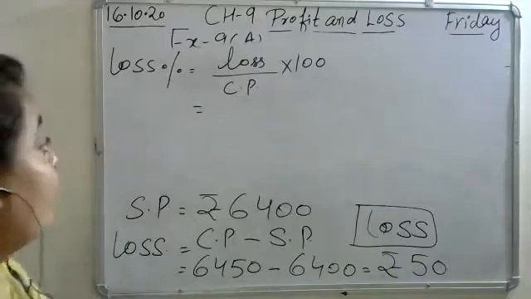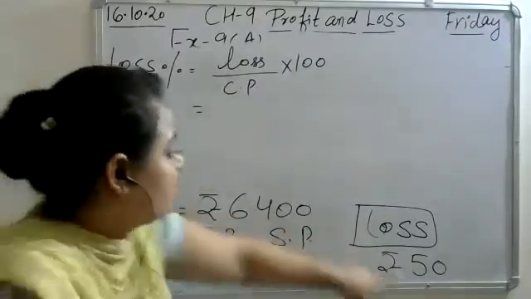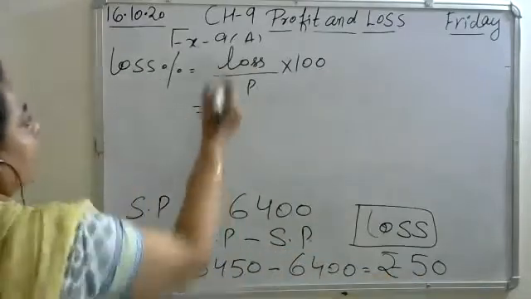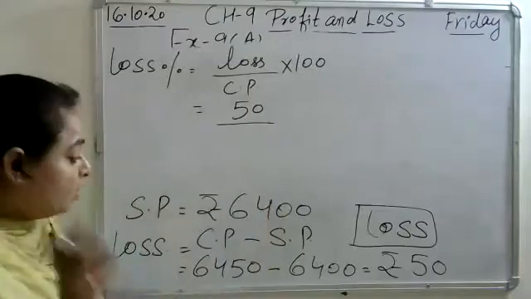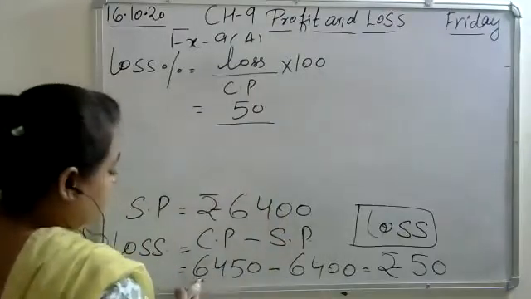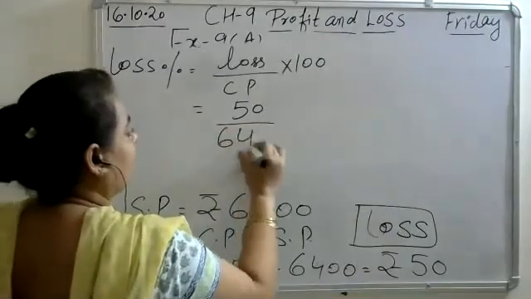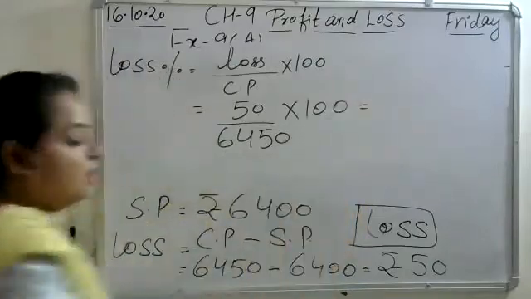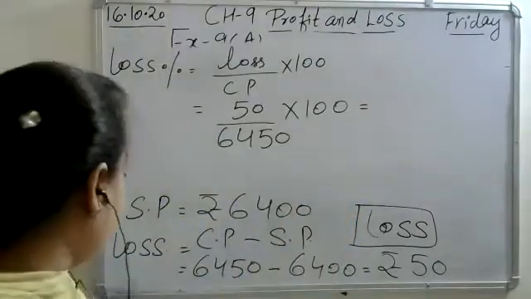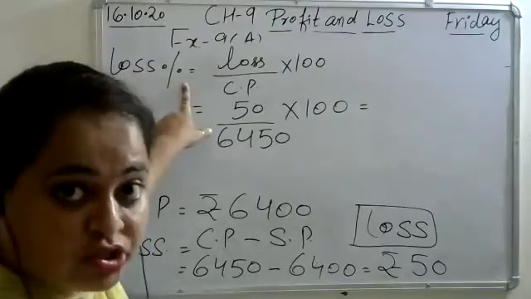Now, what is loss? 50, put here. What is cost price? The cost price is 6,450, multiplied by 100.